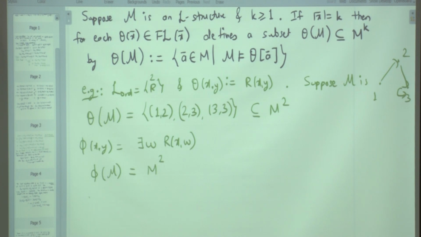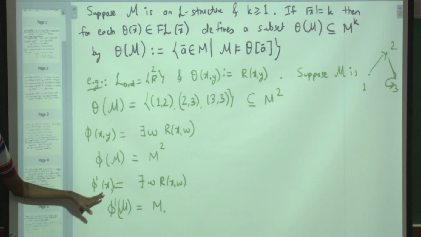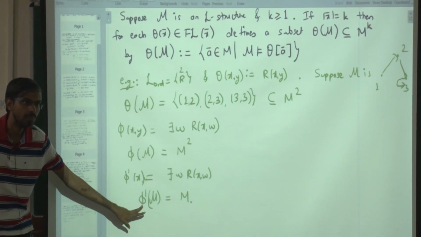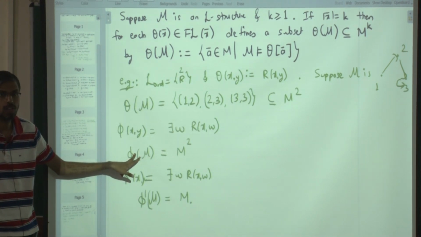Whereas if phi dash of x is defined to be there exists W, Rxw, then what is phi dash of M? The context is different here. Context is only one variable. So now this is a subset of M, the whole thing.